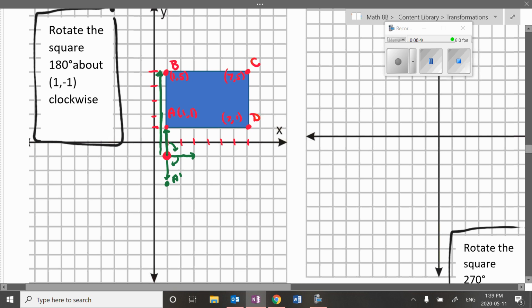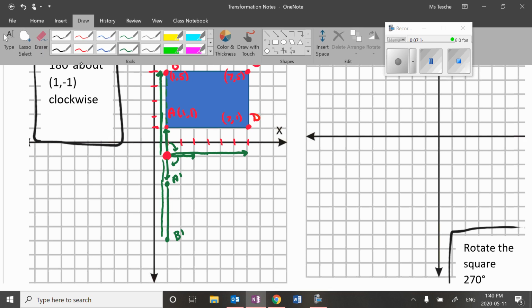So now it's going to go 6 spaces to the right, and then 6 down when we turn it the next 90 degrees. So that's B prime. So on my original square, there's 4 units between A and B. 4 units between A and B again. So we have that consistency there, which is really nice.